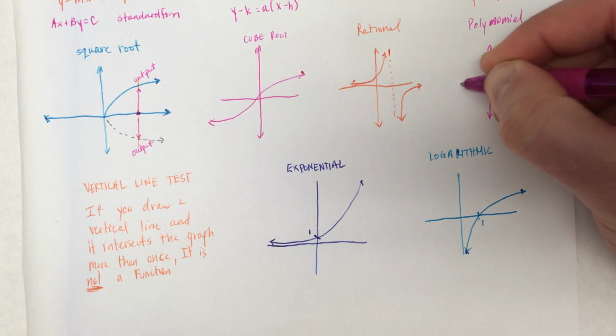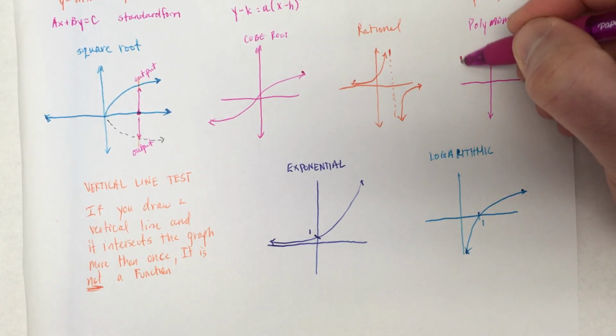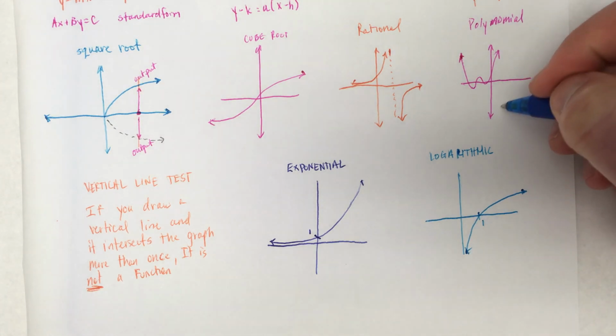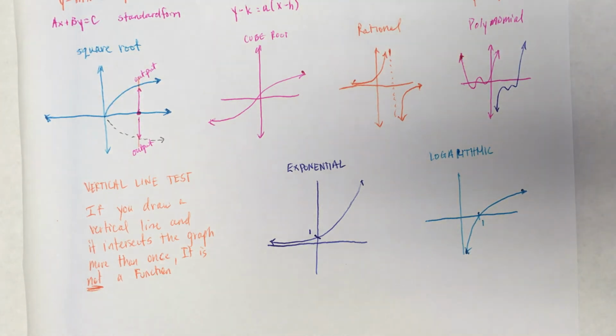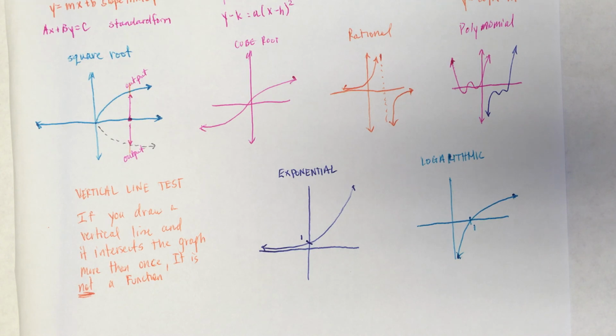And so with polynomials, you could talk about odd and even functions. They're the broad heading for the quadratics and the cubics. And there's just a lot of information there.